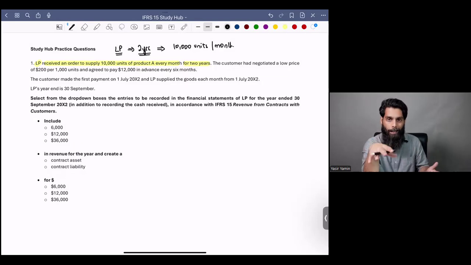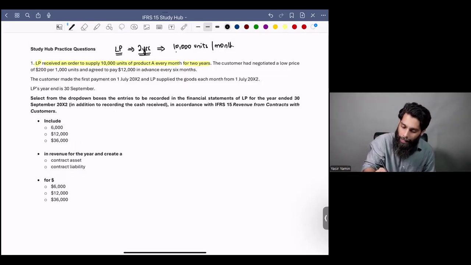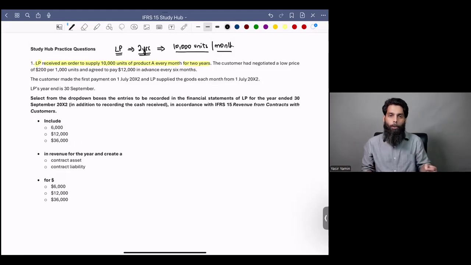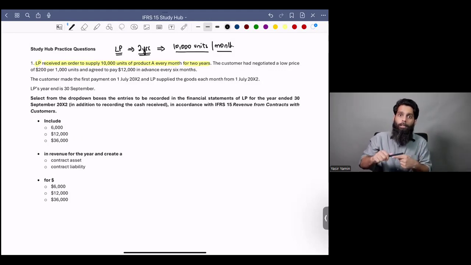The contract provides that you deliver 10,000 units each month at whatever price has been agreed between the buyer and the seller. Since you have to provide a certain amount of goods every month, each and every time you deliver 10,000 units, you are satisfying a particular performance obligation. And the revenue of that should be recognized at that particular point in time.